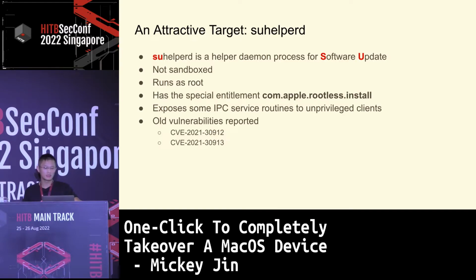Third, it has the special entitlement com.apple.rootless.install, which grants the process special permission to bypass SIP restriction. Additionally, it exposes some IPC service routines to unprivileged clients. Last but not least, some old vulnerabilities have been reported in this daemon service before.